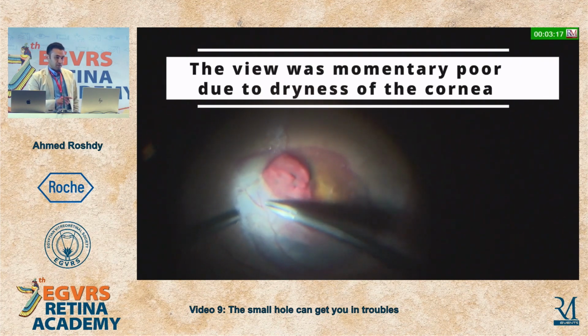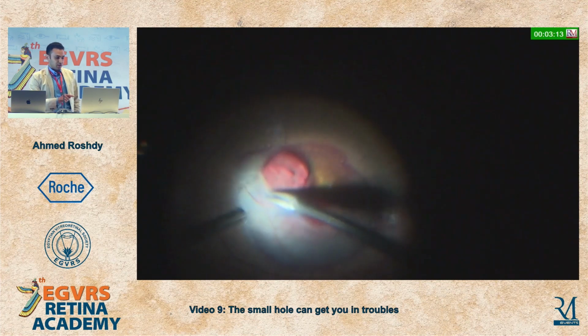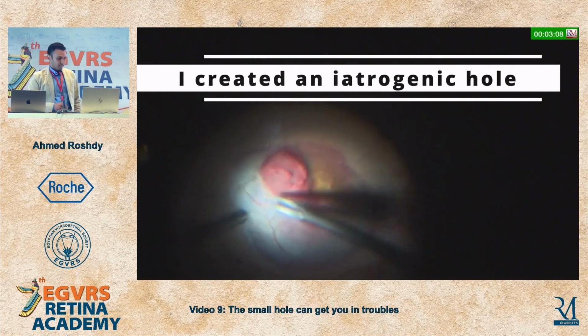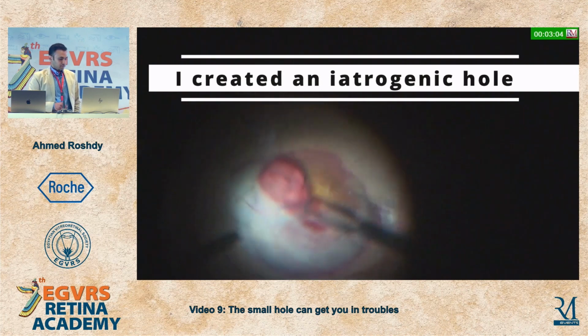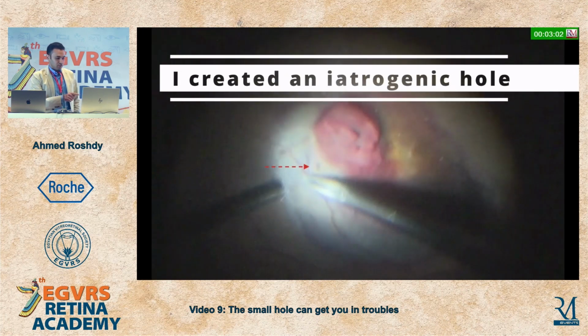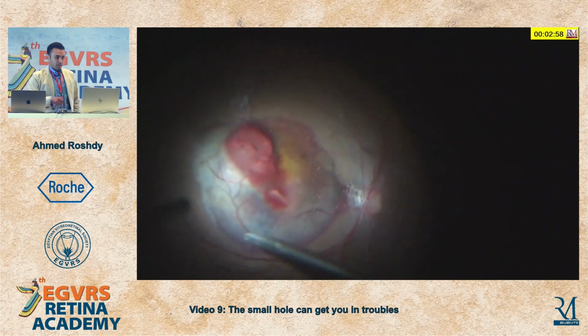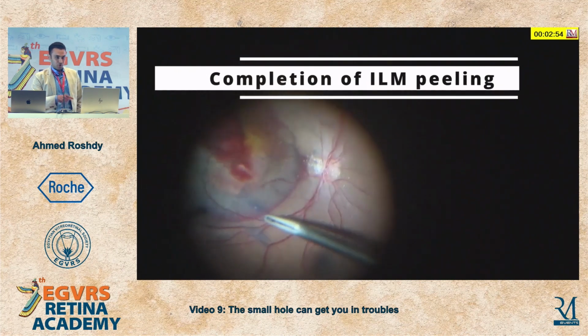At this moment, the view was not great, so I created an iatrogenic macular hole. This is the site of the iatrogenic hole. And now I am completing the ILM peeling to help in closure of this macular hole postoperatively.